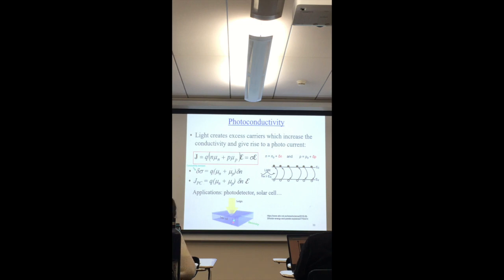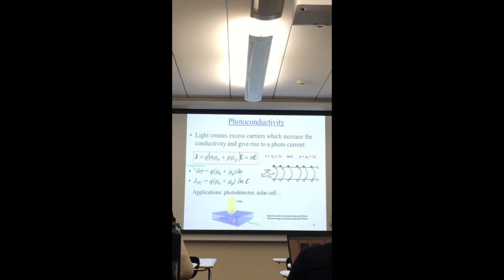You can just use this equation we have derived before to find the value. So this is the current, related to the carrier concentration, mobility, and also the electric field. And this whole part is the conductivity.